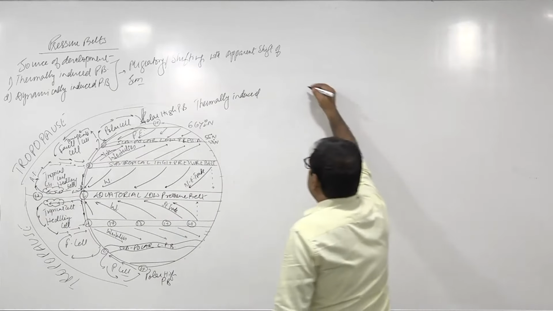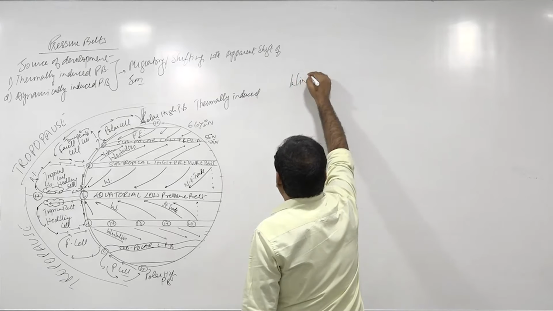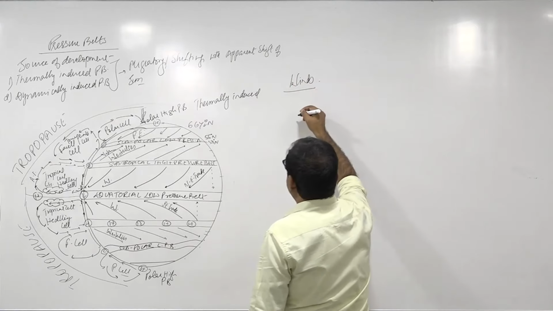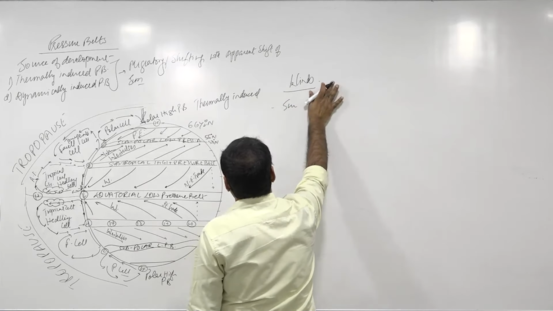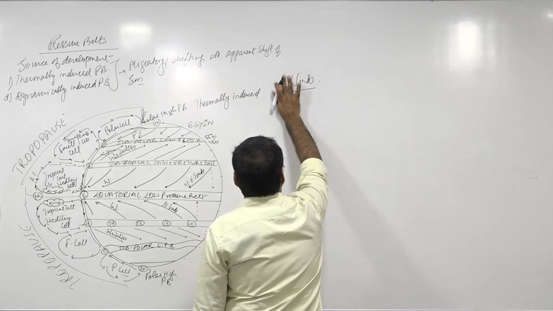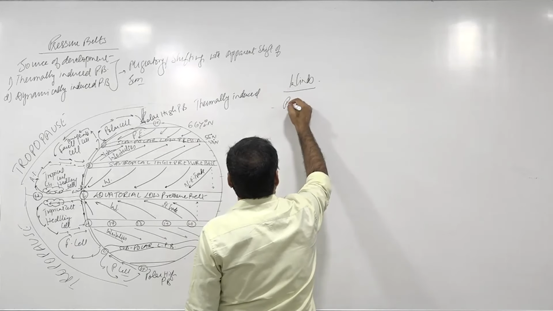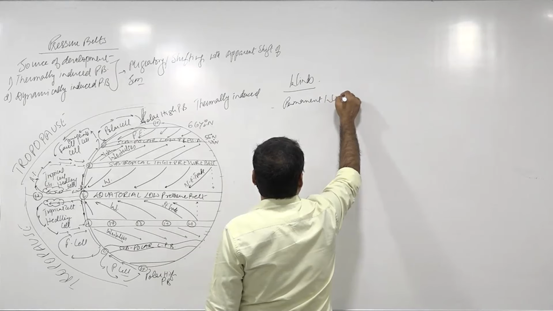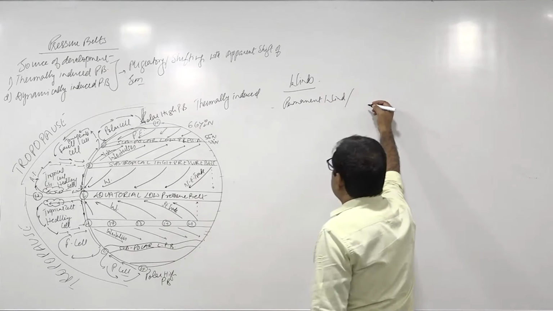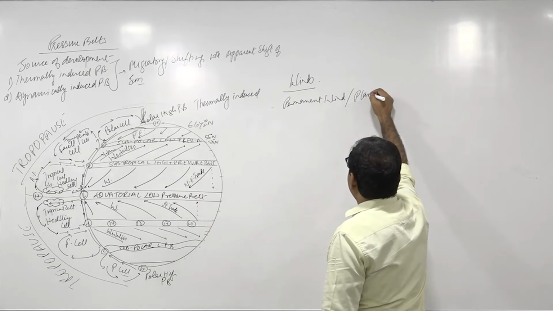So winds have been classified into three types. One is called the permanent wind. This is also called planetary wind.